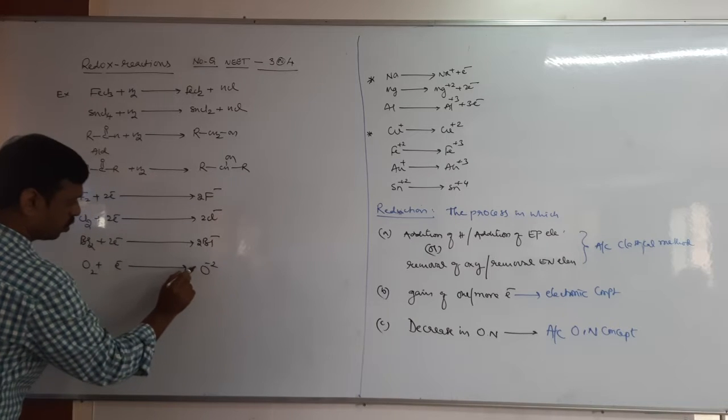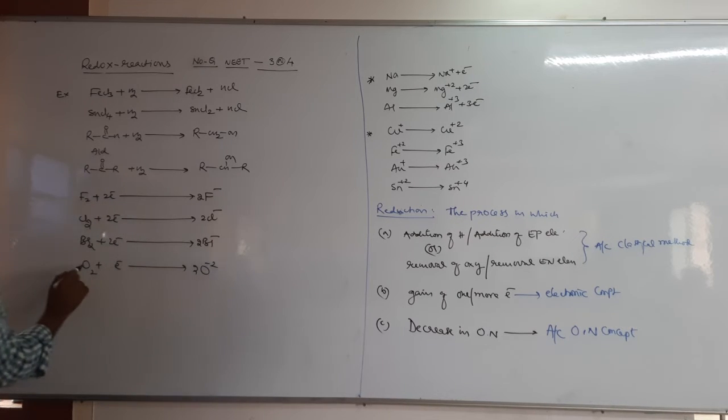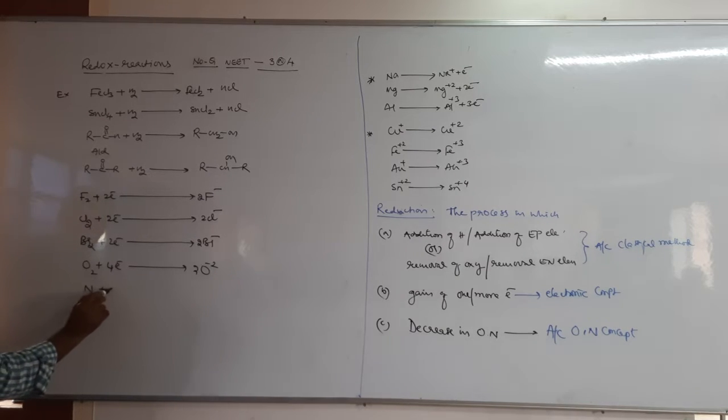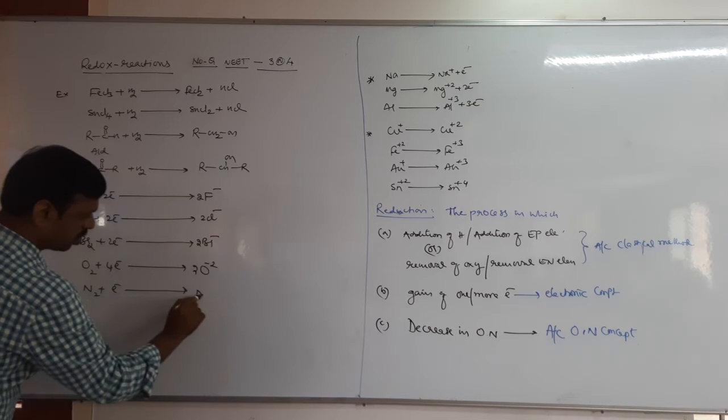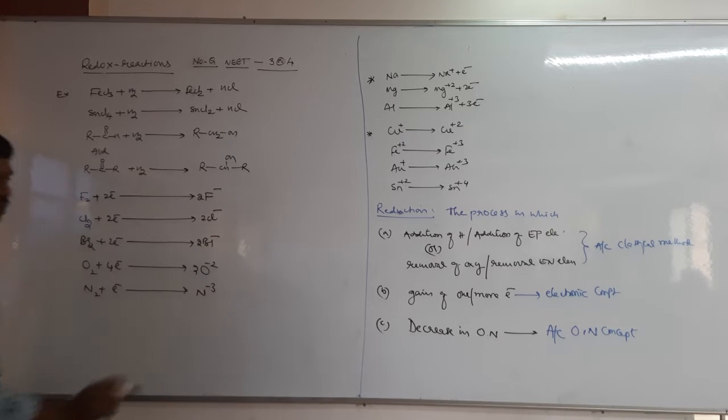O minus 2. So if it is balanced, you can take it as 4 electron. Similarly, nitrogen can also take electron, it becomes N minus 3. So therefore, all the gain of electrons are reduction. Gain of one or more electron.